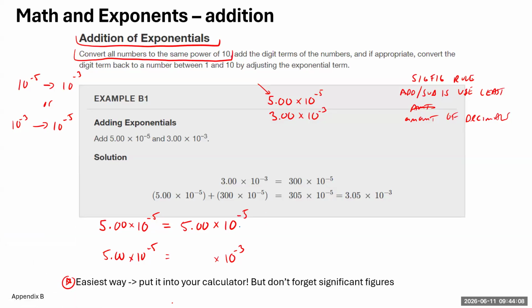What I did with this number is I went from negative 5 to negative 3, right? I went up in value for this side, right? Because I went from negative 5 to negative 3.